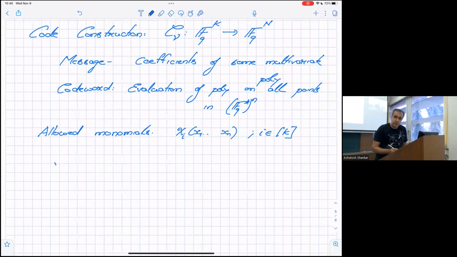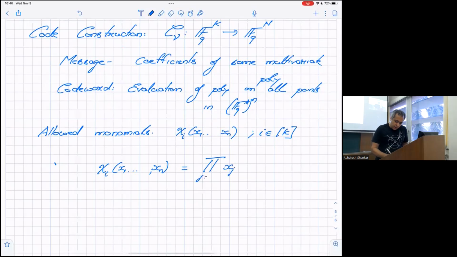I haven't yet described it. I'm going to describe the monomial. This is a particular monomial, chi i of x1, x2, ..., xn. What is the monomial I'm going to look at?